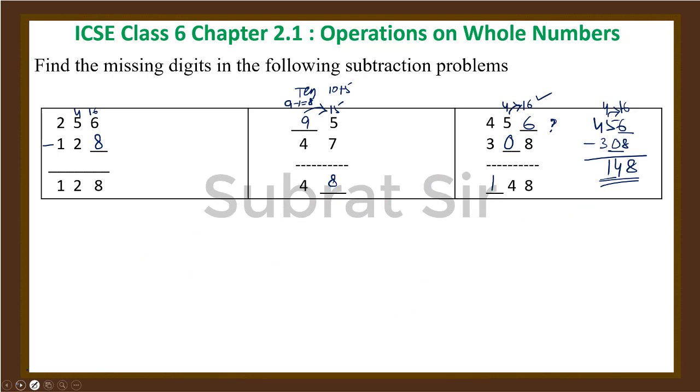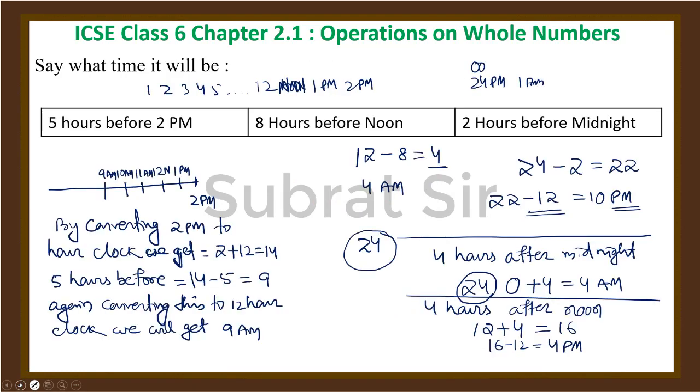Then we discussed this timing, which is also important: how to calculate the time, 5 hours before, 8 hours before, 2 hours before. And we discussed how to convert to the 24-hour clock. Before calculating any time, we have to convert it to the 24-hour clock if we are calculating before time.